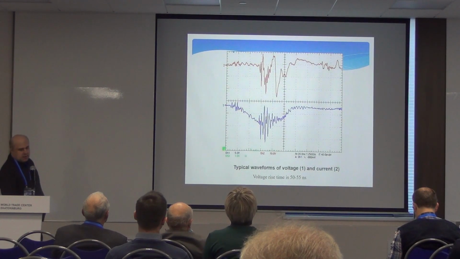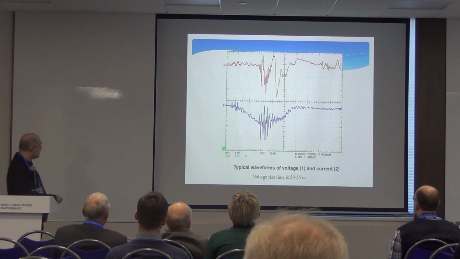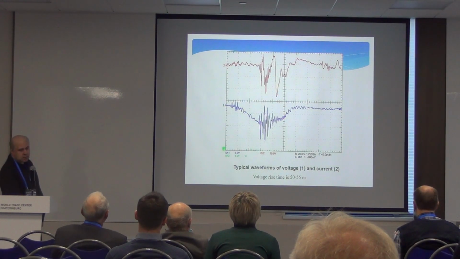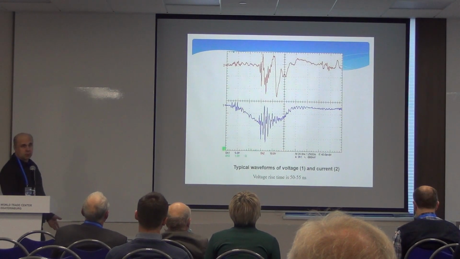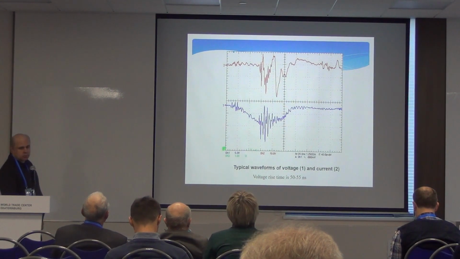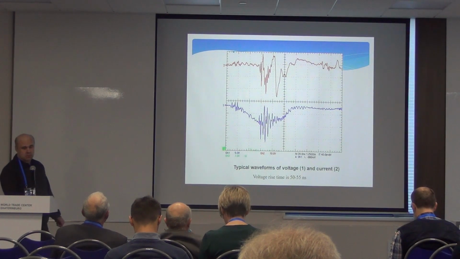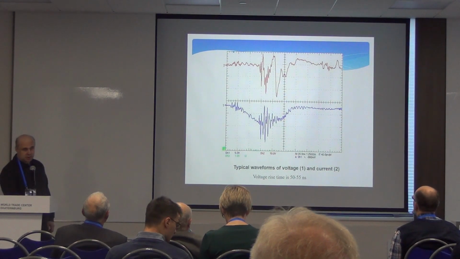In this slide there are typical oscillograms of voltage and discharge current in a mixture of air with CO2 addition. This feature corresponds to breakdown of auxiliary spark discharges for pre-ionization.